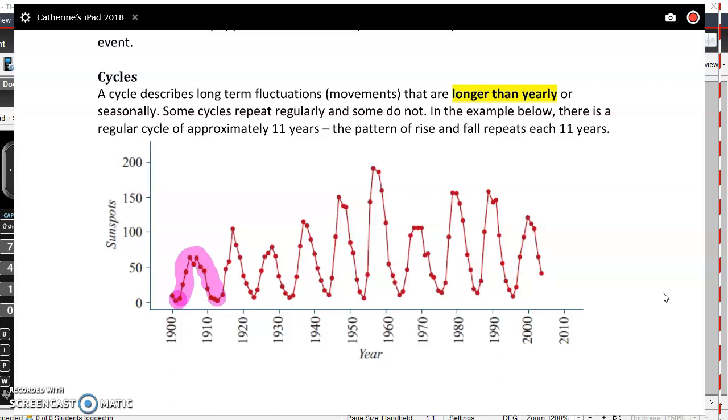So about 11 years. You can see the pattern repeats again, up and down again. That cycle pattern happens over a long term, over a period that's longer than 12 months. So if you see a pattern that happens over a period of more than 12 months, that's a cycle.